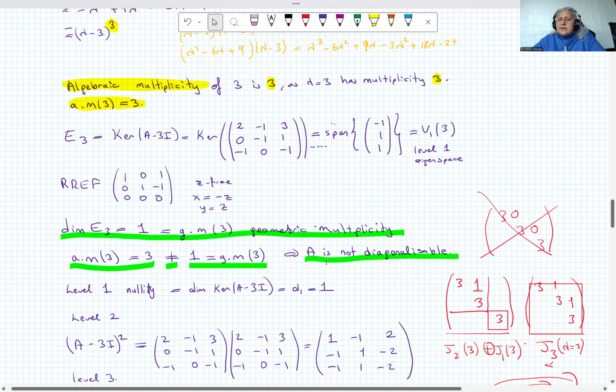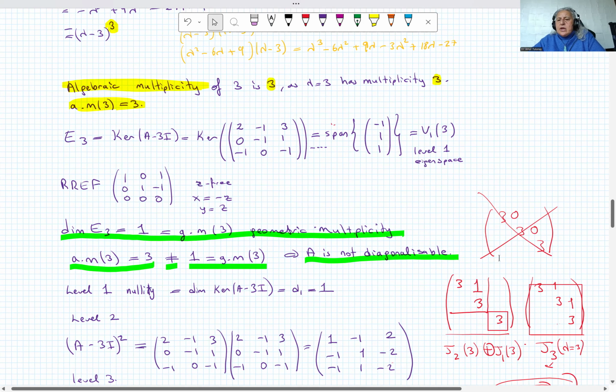Since A is not diagonalizable, the Jordan form cannot be this, right? You cannot have 3, 3, 3 on the diagonal and 0 elsewhere.